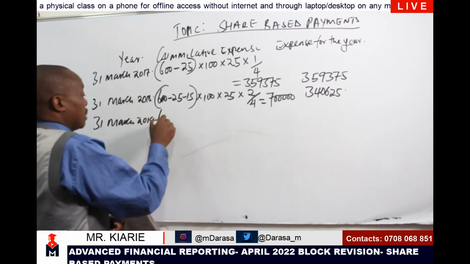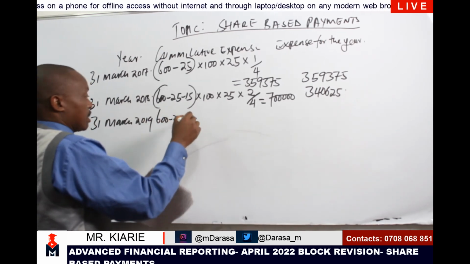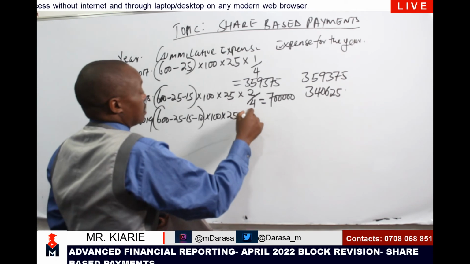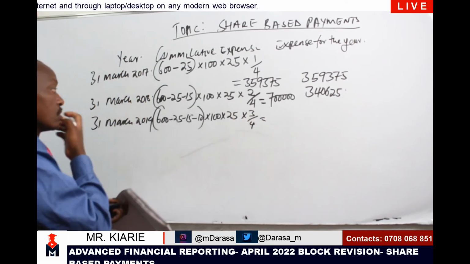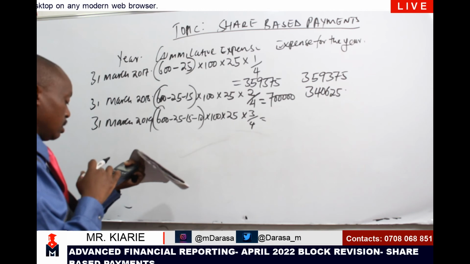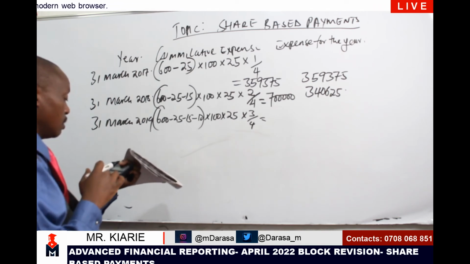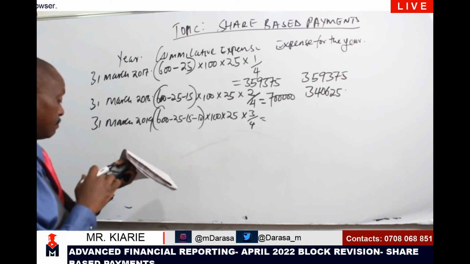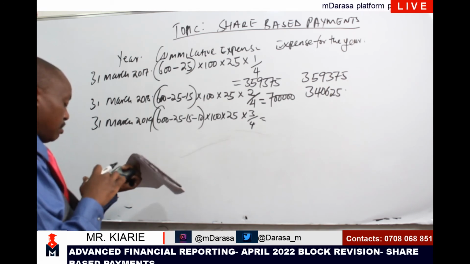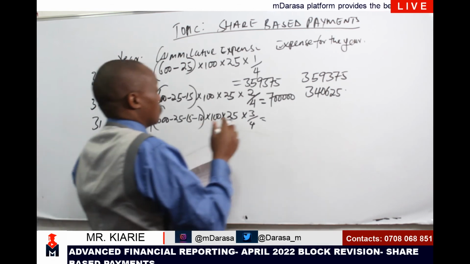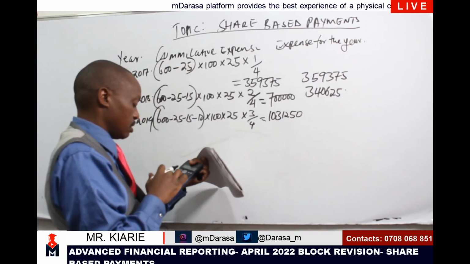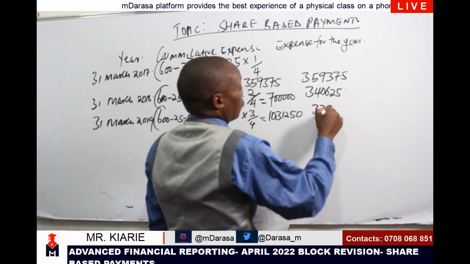I'll have 600 minus 25 minus 15 minus 10, all that times 100 times 25 times, this time, 3/4. 600 minus 25 minus 15 minus 10, all that times 100 times 25 times 3 divided by 4 gives 1,031,250, minus 700,000. I'm getting 331,250.